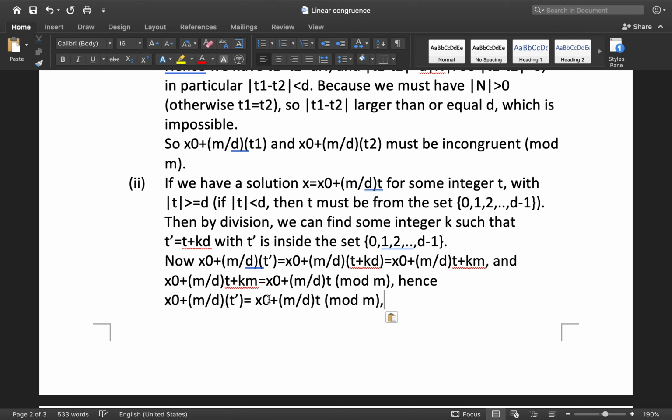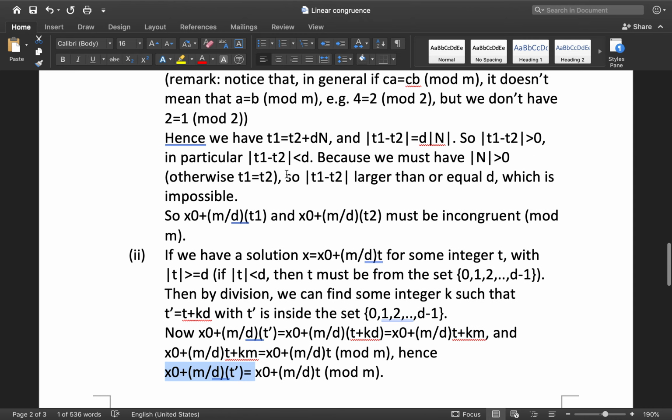This is the thing I just want to show, because now this number is the original solution. But this solution is one of the members from those d incongruent solutions we just got before.